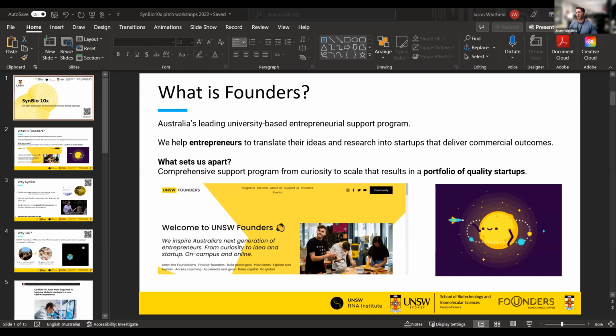At Founders, we help entrepreneurs translate their ideas and research into startups to help them deliver commercial outcomes. And besides being the best, what sets us apart is we have a really comprehensive support program, especially for staff, student, alumni of UNSW, that helps everyone right from curiosity through to scale up. And this scale up includes the 10x accelerator programs.